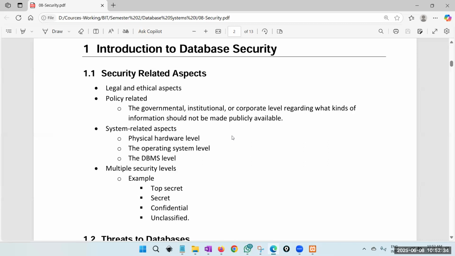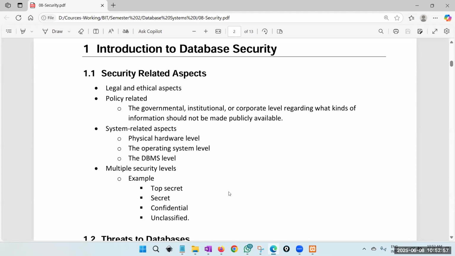Also, by creating a user, we do authentication. Only authenticated users can access. Then authorization: what kind of things you can do. Maybe you can access this table and that, but not another. Maybe you can do select, but not update and delete and insert. So authentication, authorization.